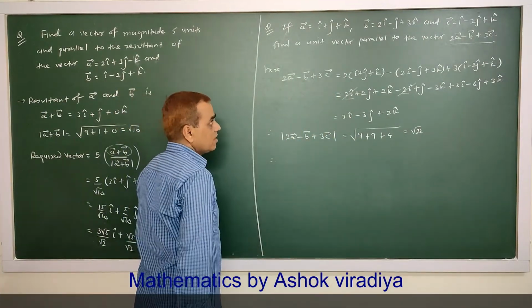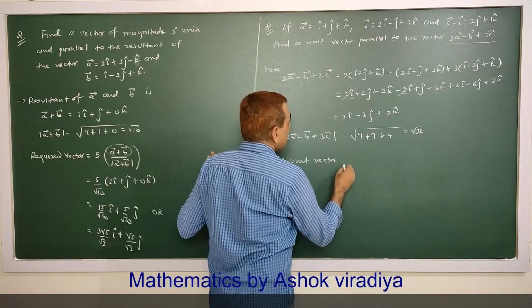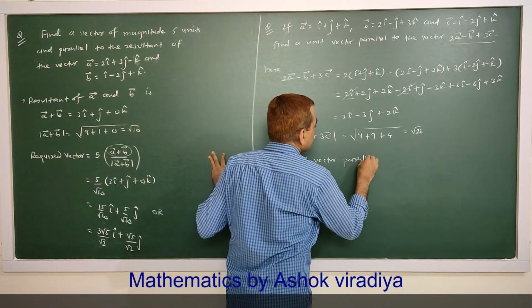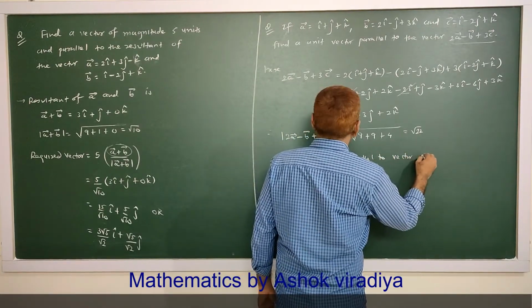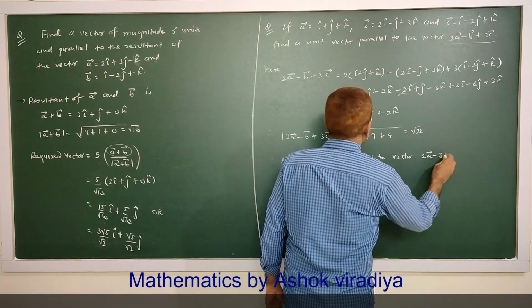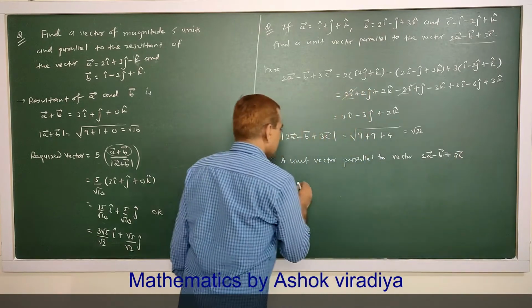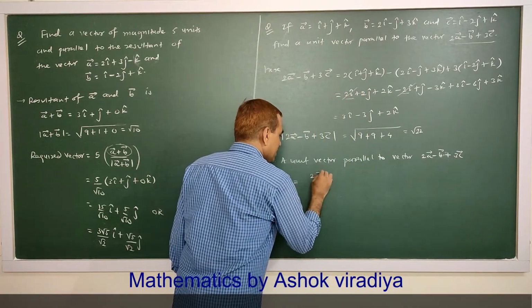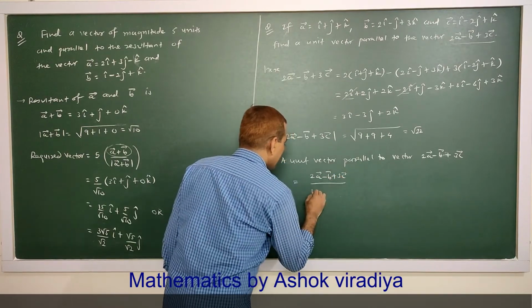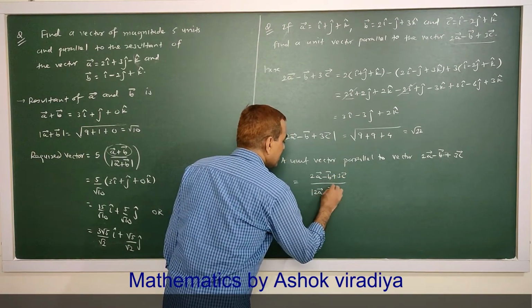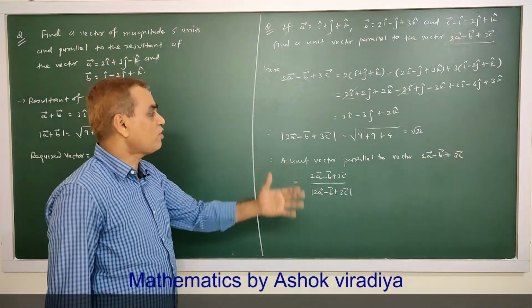Therefore, a unit vector parallel to vector 2a minus b plus 3c is obtained by dividing this vector by its magnitude. That means we divide the scalar components by the magnitude of that vector.